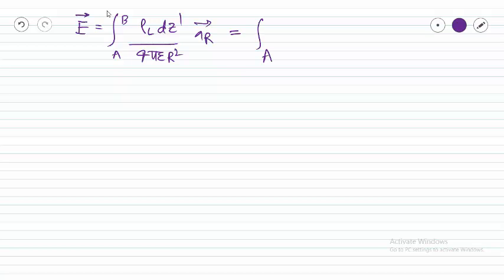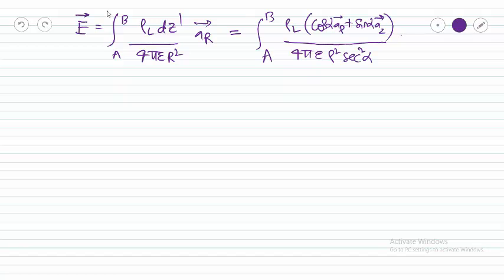Integral a to b rho L, what is a r bar? Cos alpha a rho bar plus sine alpha a z bar, divided by 4 pi epsilon. What is r square? Rho square secant square alpha. And what is dz dash? Minus rho secant square alpha d alpha. So this is what we are having.